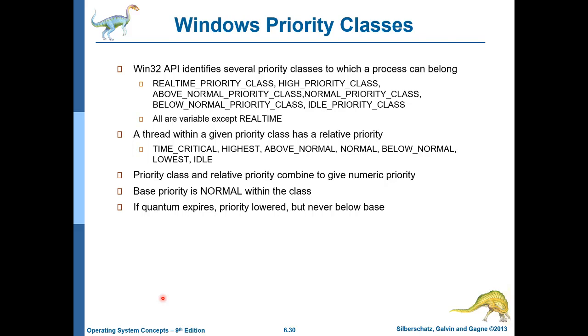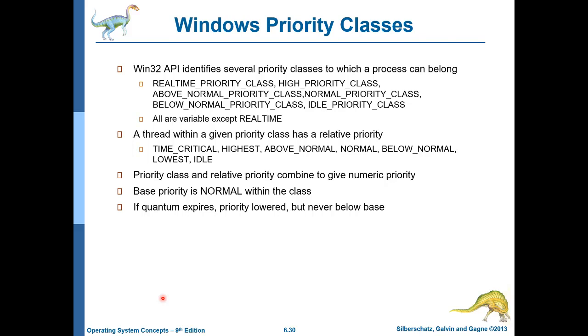Similarly, within a priority class, you have different levels: time critical, highest, above normal, normal, below normal, lowest, and idle priority within each class. So overall 6 multiplied by 5 gives you 30, plus the 0 and 1. These give you a combination of different priorities.